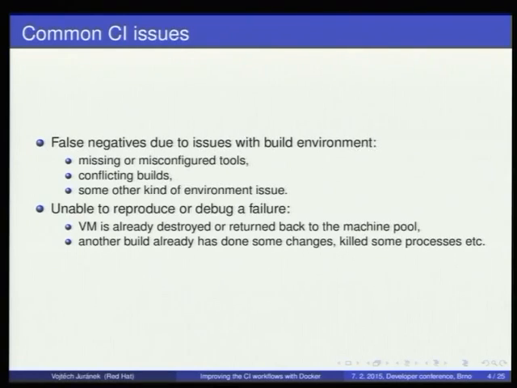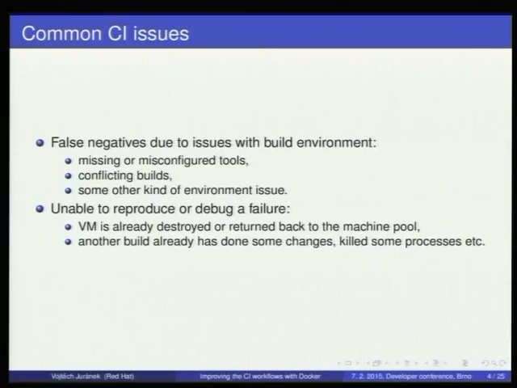For example, some tool which your test suite relies on is missing or misconfigured, or there is some interference with other builds, or if you have permanent machines, a previous build which ran there left some stale processes and so on. So basically everything is okay with your code, but there is some issue in your build environment.